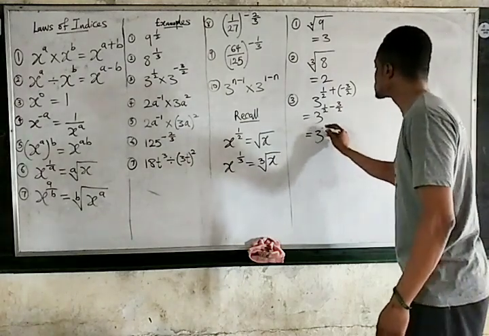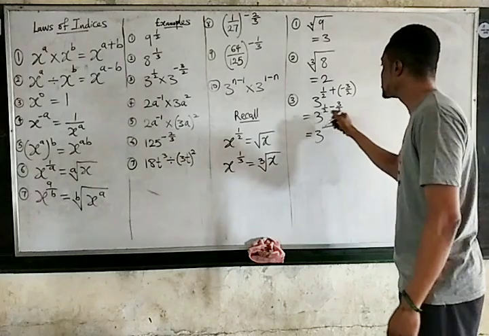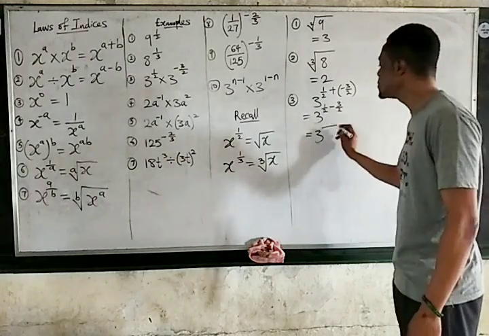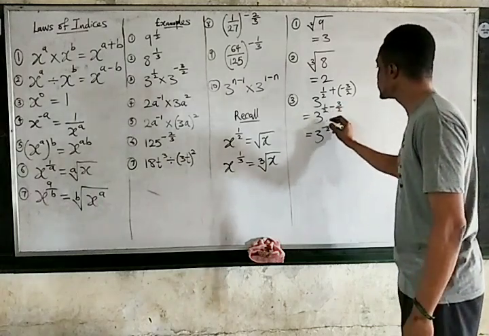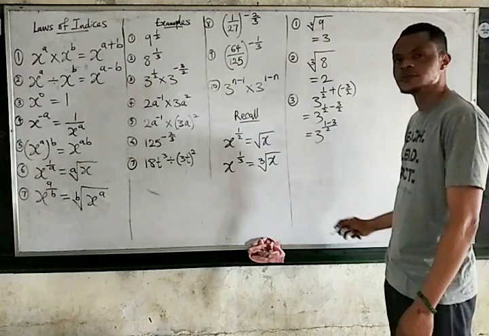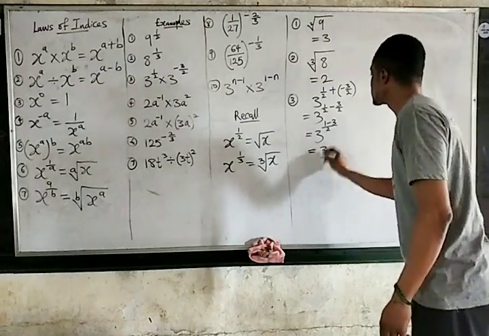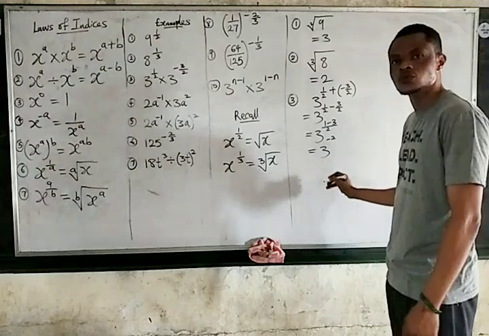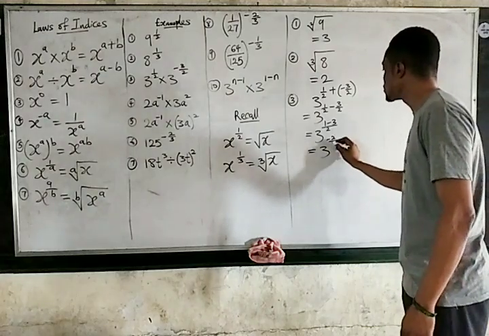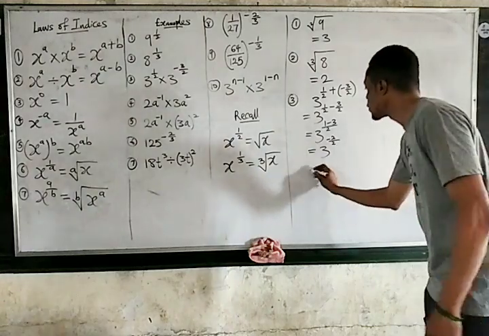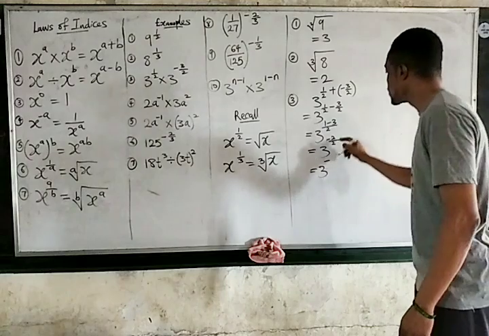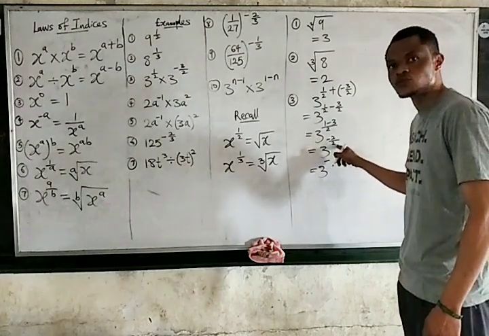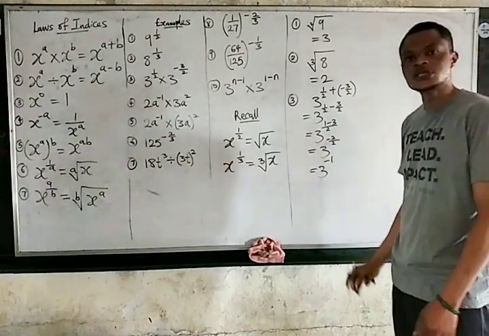Then we proceed by saying 1 all over 2 plus minus 3 over 2. The denominators here are the same. We have 2, then 1 minus 3. 1 minus 3 will become minus 2 all over 2. Minus 2 divided by 2 will become minus 1.